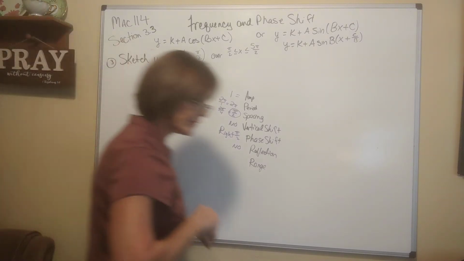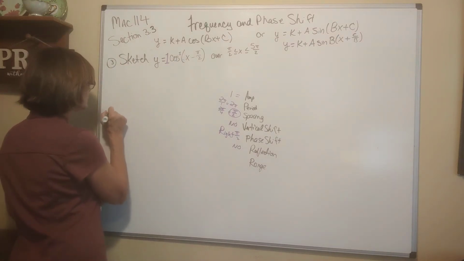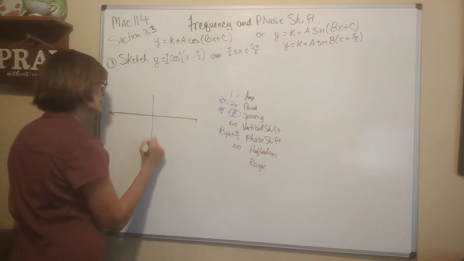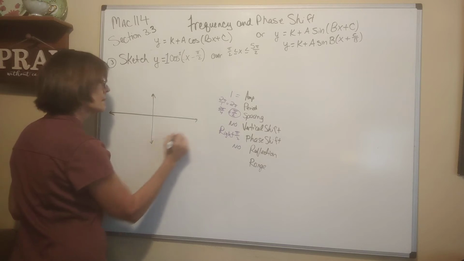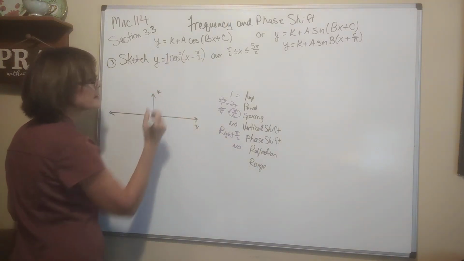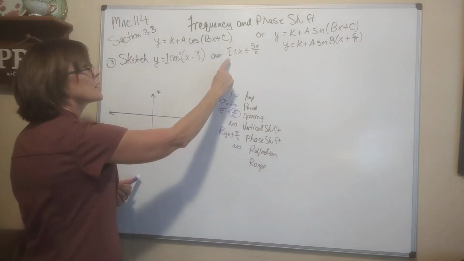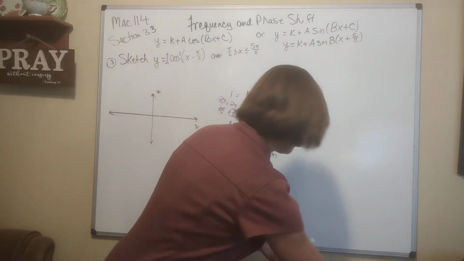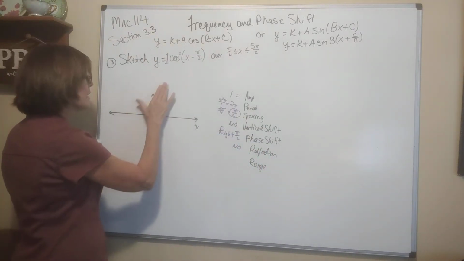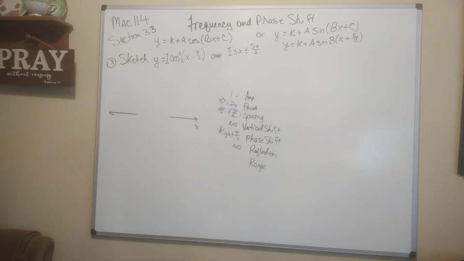Let's go ahead and graph this. So, goes like this. X, Y. How are we supposed to split up our axis? The spacing is pi over 2. We're supposed to go from pi over 2 to 5 pi over 2. Okay. Then let me move my y-axis over a little bit then.